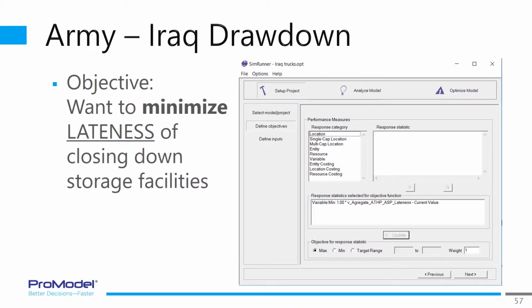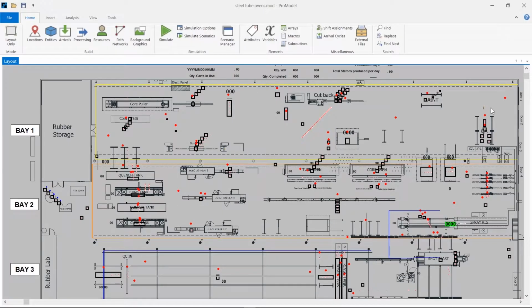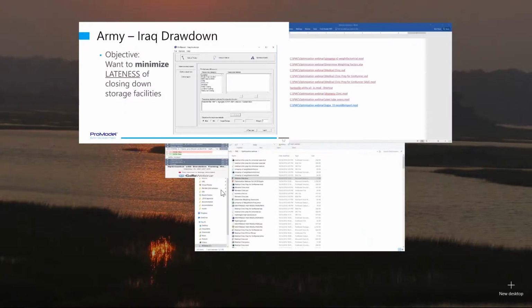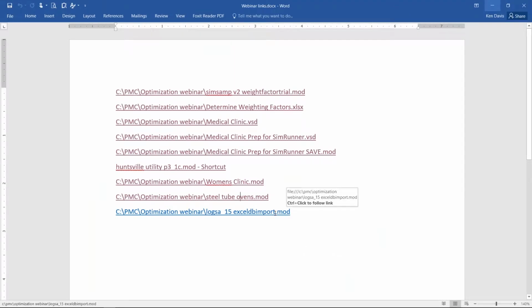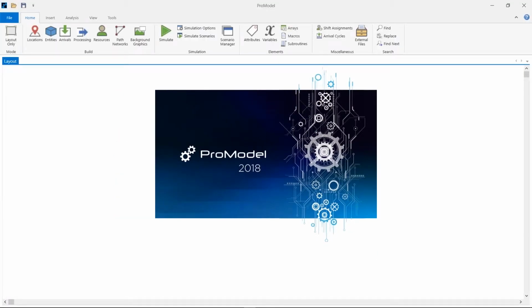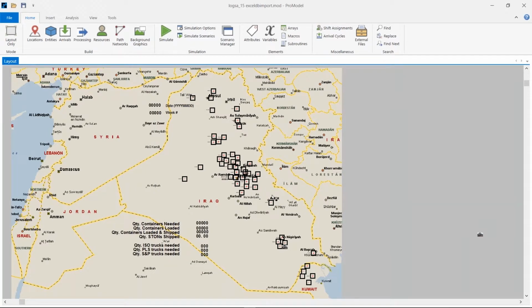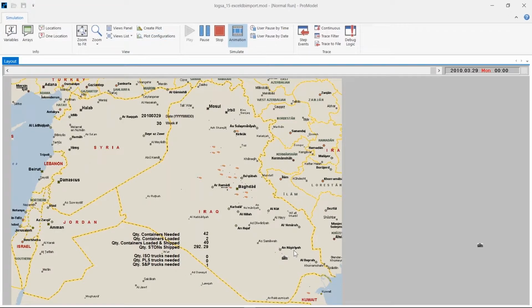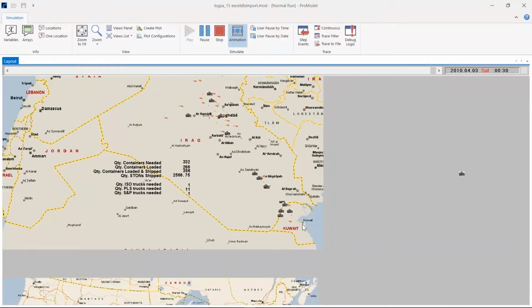All right, one more example. This was done when the Army was vacating Iraq. So we had the drawdown from the stores and the forward sites in Iraq being pulled and delivered via truck down to the port at Kuwait.